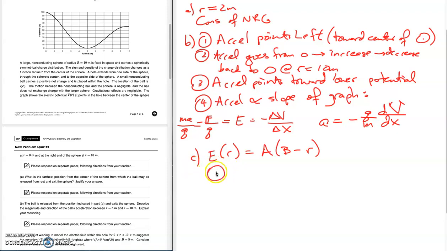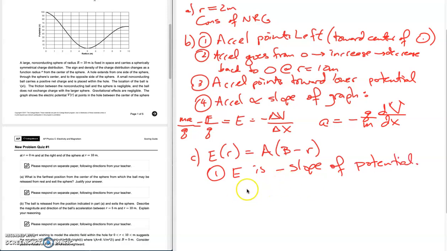So one aspect of that equation working is that the electric field, E, is negative slope of potential.